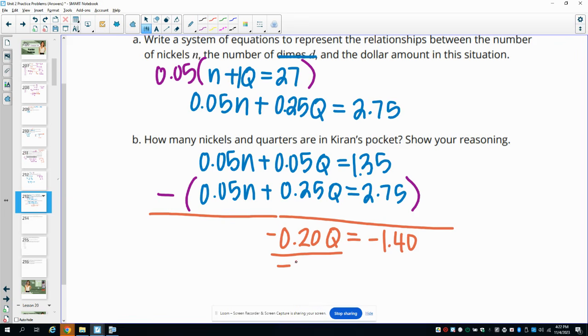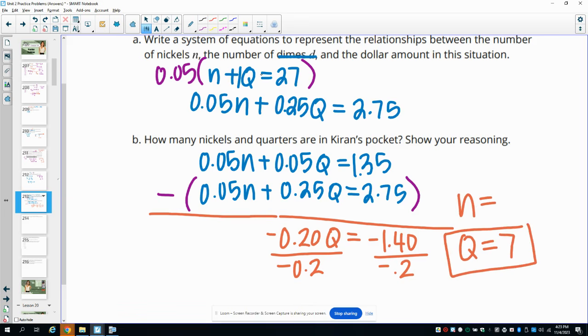So then we'll divide by negative 0.2. And we get that the number of quarters that we have is 7. So we have 7 quarters. Then we just need to figure out how many nickels we have. And remember, the total of quarters and nickels is 27. So if we have 7 quarters, then we have 20 nickels.